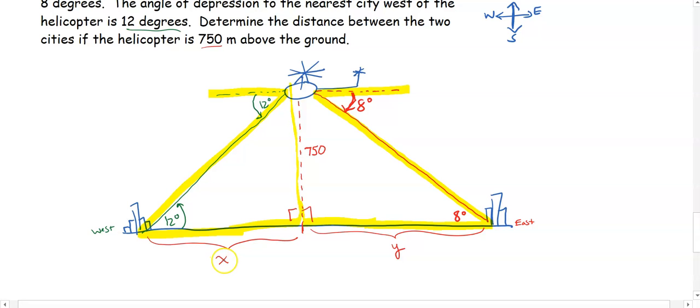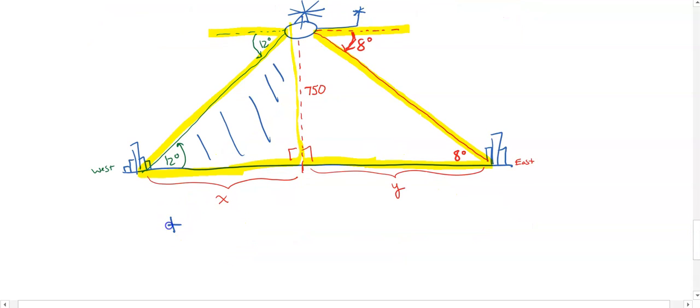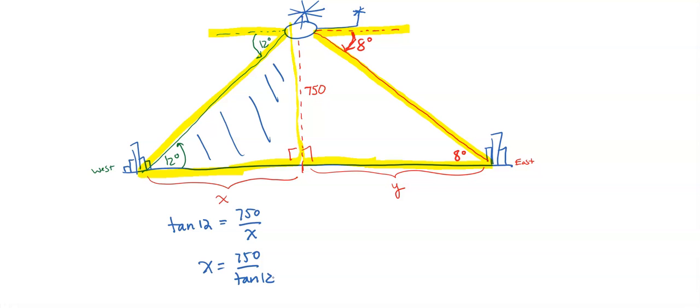So if I now want to find distance x using this triangle here, I'm going to use opposite over adjacent. So I'm going to say the tan of 12 degrees equals opposite over adjacent, or x is 750 over tan 12, and I type that in as 750 divided by tan 12, and I get 3,528.5.